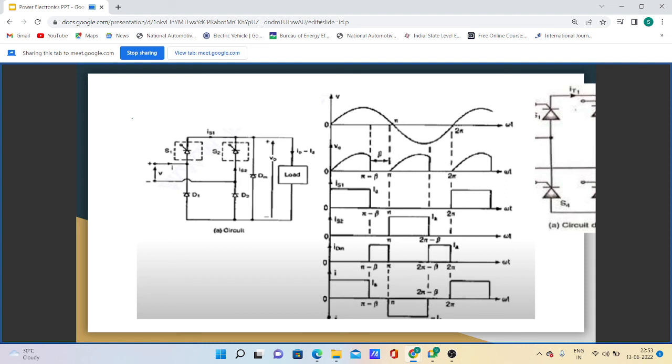In this slide, the waveforms after the input voltage is given are shown.